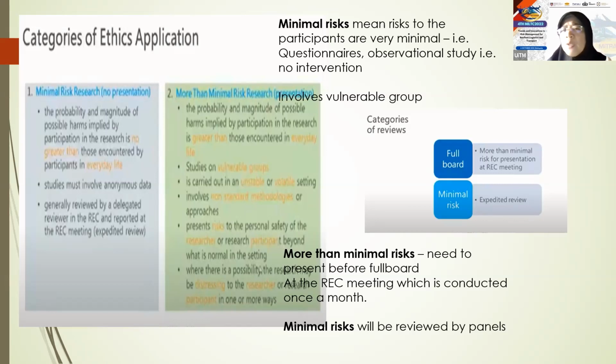Even if you have respondents, if based on your questionnaire it doesn't involve anything that can be painful to the participant, it can be categorized as minimal risk. If it is minimal risk, it can be approved automatically, maybe within 2 weeks.